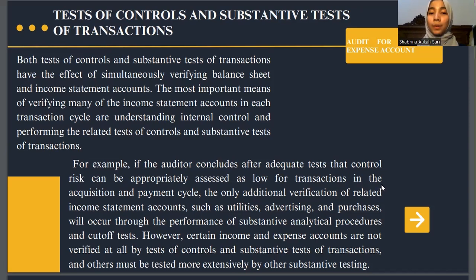By doing so, the auditor obtained evidence about the correctness of individual balance sheet accounts, such as accounts payable and fixed assets, and income statement accounts, such as advertising and repairs. Conversely, inadequate controls and misstatements discovered through these tests indicate the likelihood of misstatement in both the income statement and the balance sheet.